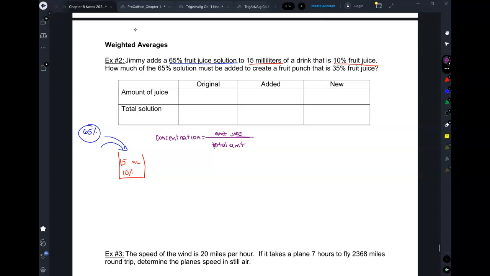Does that make sense? So here's what we have here. Let's take a look at amount of juice. In the original, I have 15 milliliters, but 10% of it is juice. So how much actual juice is there? It's 15 times 0.10. That's how much juice we actually have.